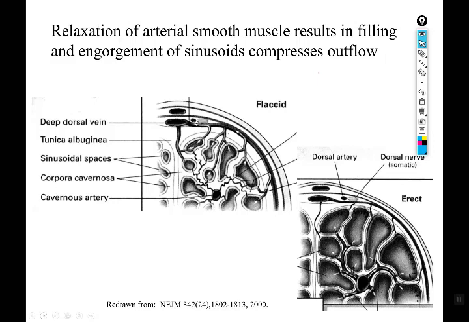Okay, so here is the dorsal artery. During the arousal phase, one of the things that happens is that nitric oxide, remember NO, so nitric oxide is a gasotransmitter, so a gaseous neurotransmitter.